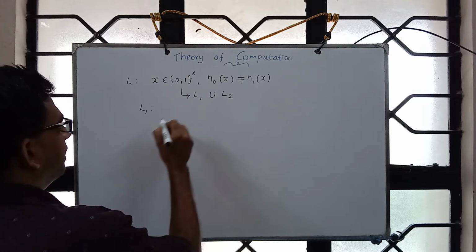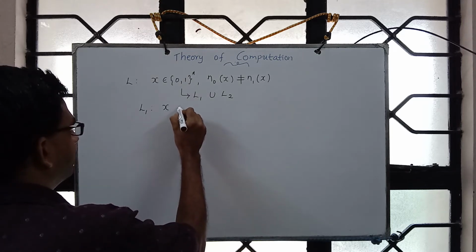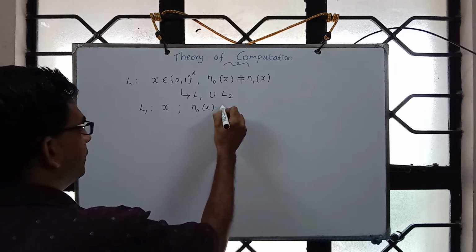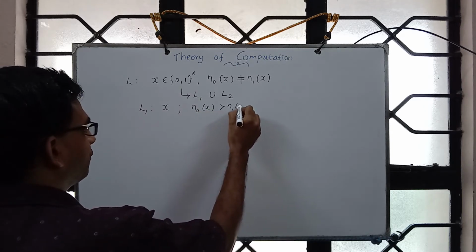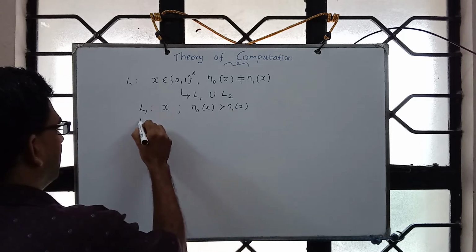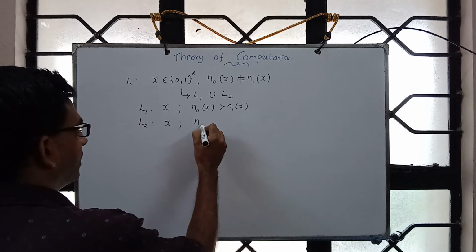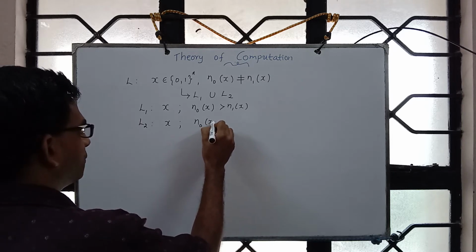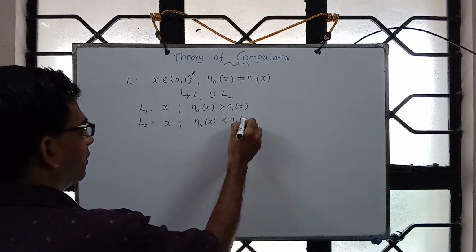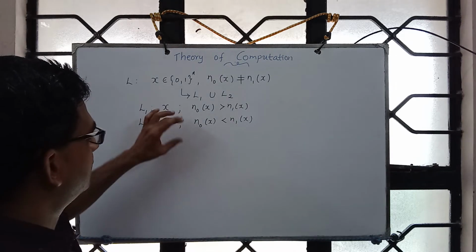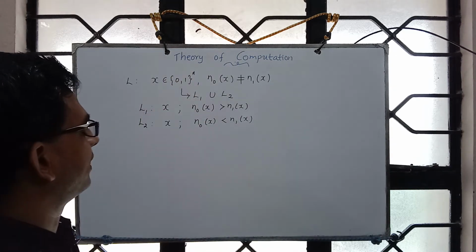What is L1? L1 is all those x such that the number of zeros is more than the number of ones. And L2 is all those x such that the number of ones is more. Fine, so this is precisely what you get.